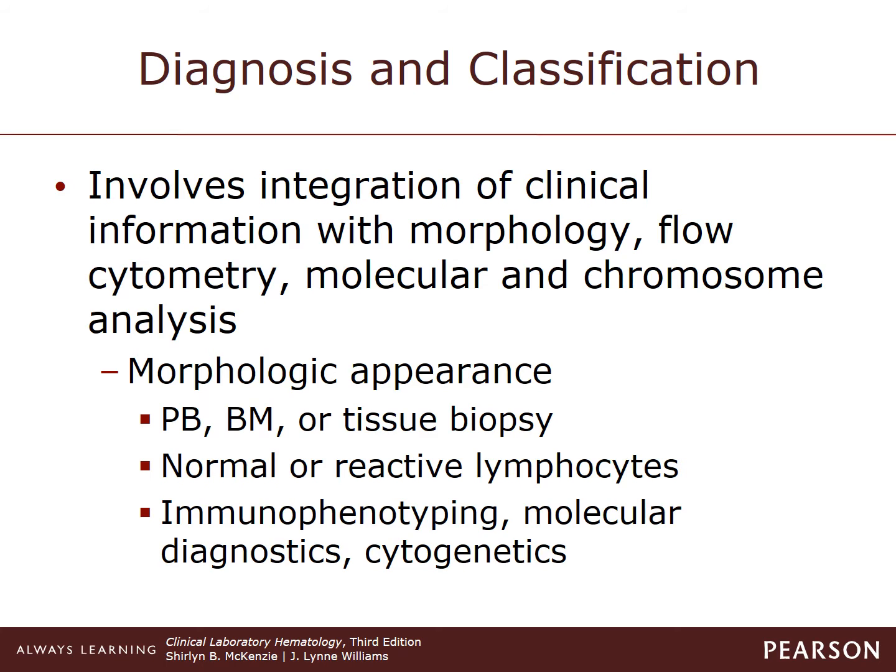If we are talking about leukemia, morphological examination is performed on the peripheral blood and bone marrow aspirate and biopsy samples. With lymphoma, a diagnosis is rendered from a biopsy or a fine needle aspirate of the mass. The cells represented here are more homogeneous than reactive because there's only an expansion of a single cell type.